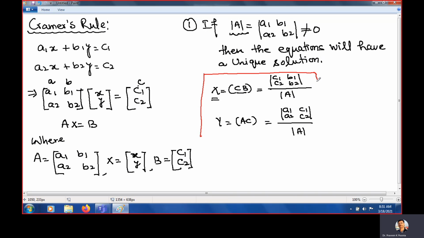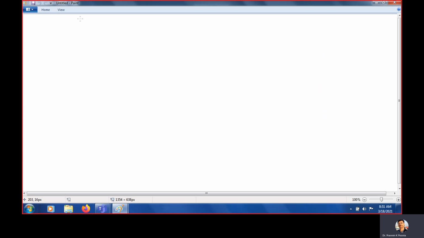If you learn these two values, then Cramer's rule is nothing. It is very simple. Clear? So we will solve some questions here with the Cramer's rule.